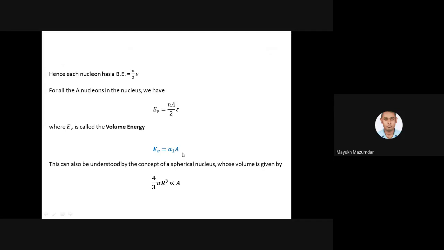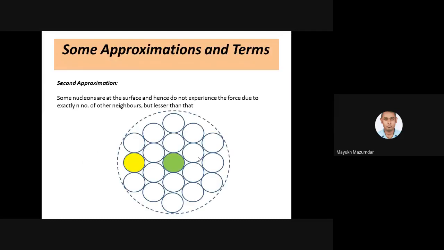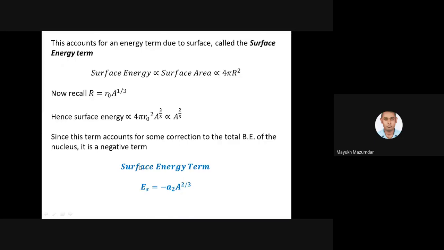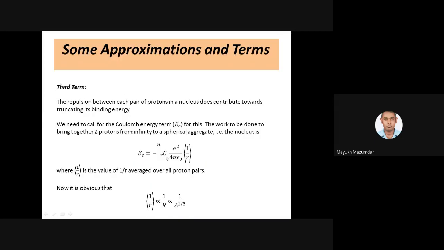It's like winning a huge amount of money in a reality show. Apparently you want this amount of money, but you see that first you have to pay some tax, like the surface term, then you have to pay something to the sponsors, which is this term. So again, this term will cause some decrease in the overall binding energy. So we'll discuss it tomorrow.